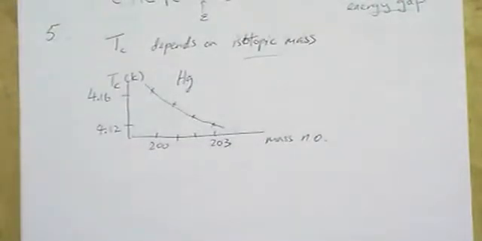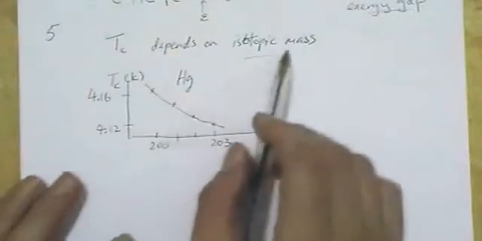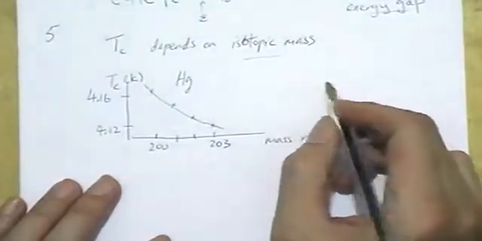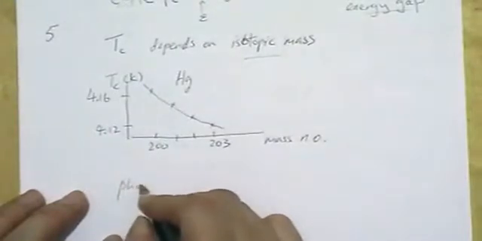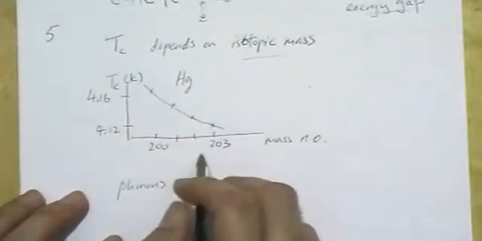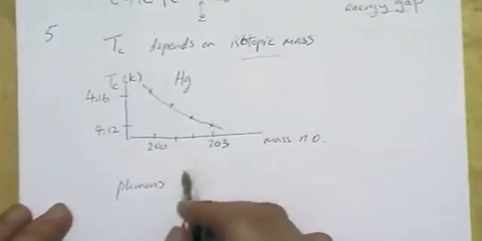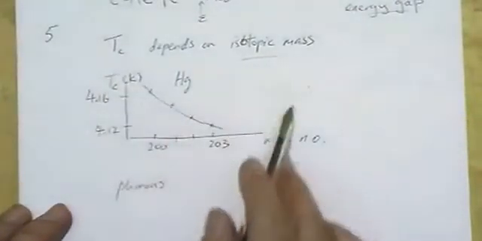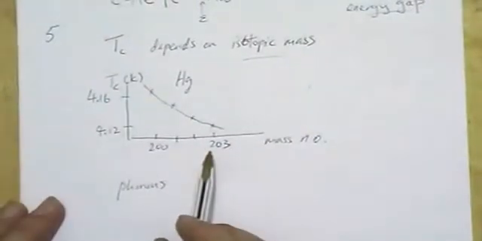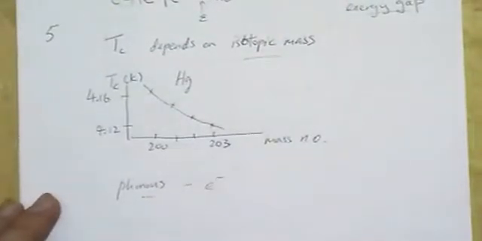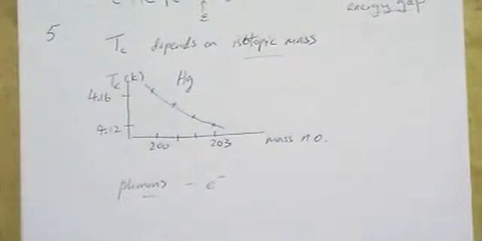Now this idea that the movement of the atoms is involved is often described in terms of phonons. Because phonons are the quantized wave of atomic vibration. So we could say that the electrons somehow interact with the phonon. So there's some kind of electron-phonon interaction.